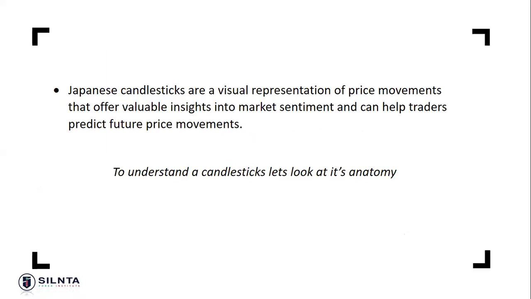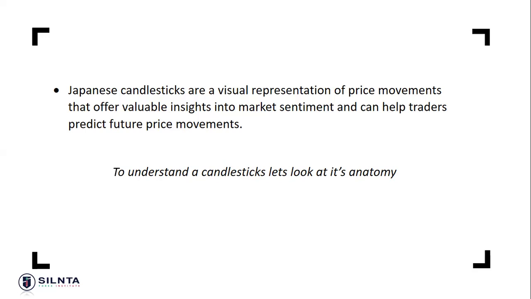Okay. A Japanese candlestick is a visual representation of price movements that offers valuable insight into market sentiments. Sentiment is basically an idea of how many are buying and selling. If you are trading Euro USD, for example, and you know that maybe 60% have bought Euro USD and 40% have sold, you can tell how many buyers and sellers are in the market.